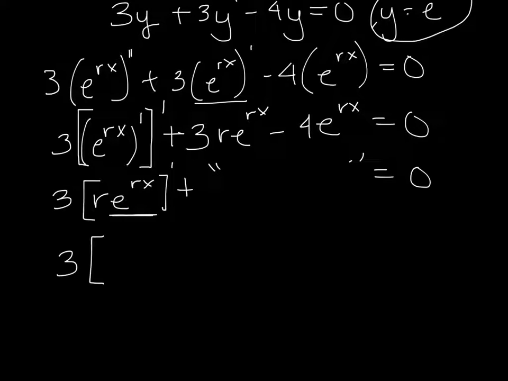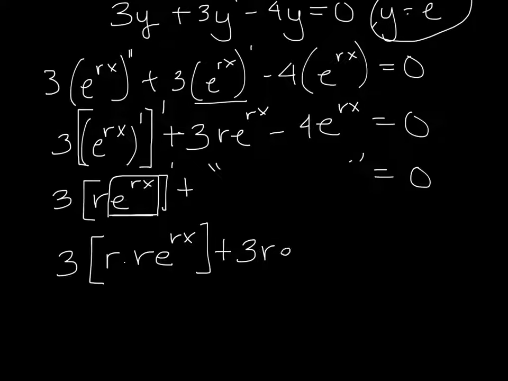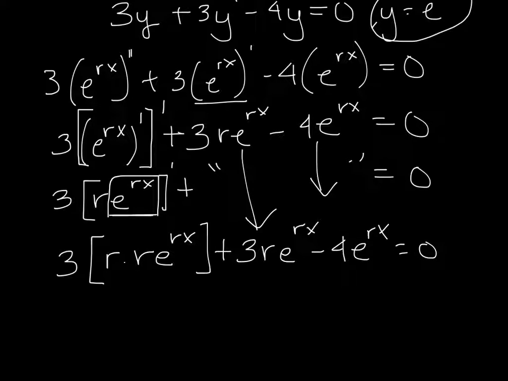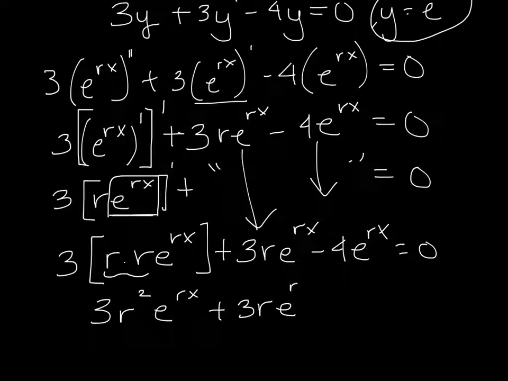You can if you'd like, but it's just going to be r times the derivative of this guy, which is re to the rx. Then let's continue writing the 3re to the rx, minus 4e to the rx equals 0. So we have 3r squared e to the rx plus 3re to the rx minus 4e to the rx equals 0.